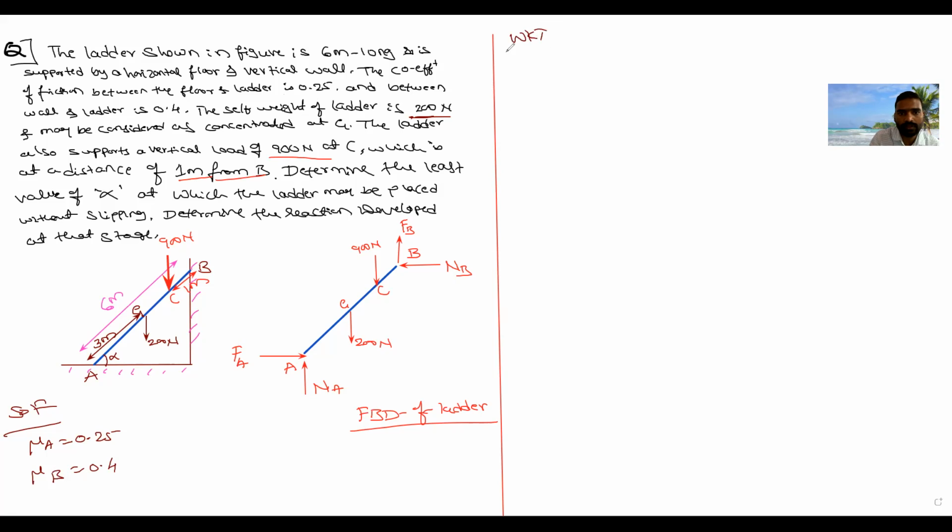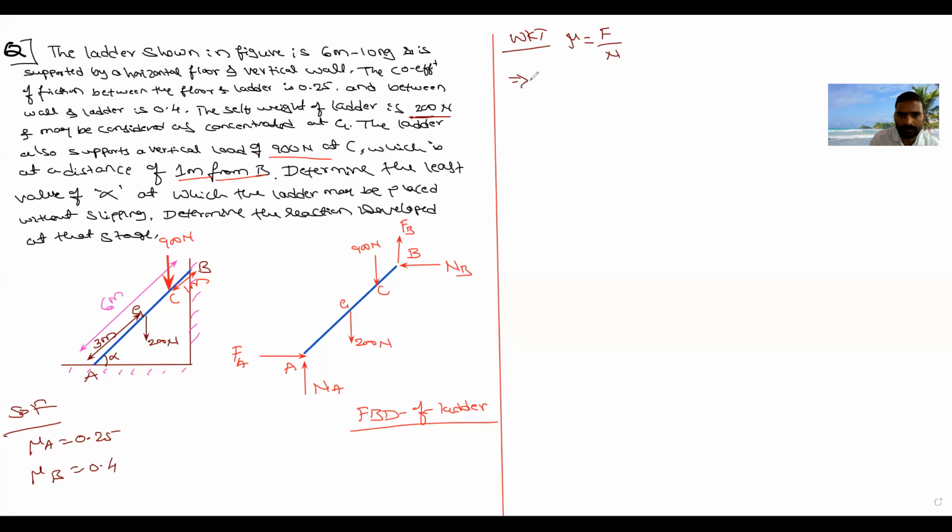We know from the laws of mechanics, what is the coefficient of friction? Mu is equal to F upon R, that is frictional force divided by normal reaction. So if I want to find the coefficient of friction at point A, then Fa upon Na.